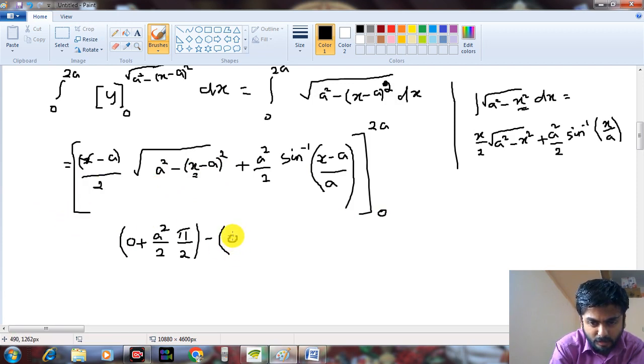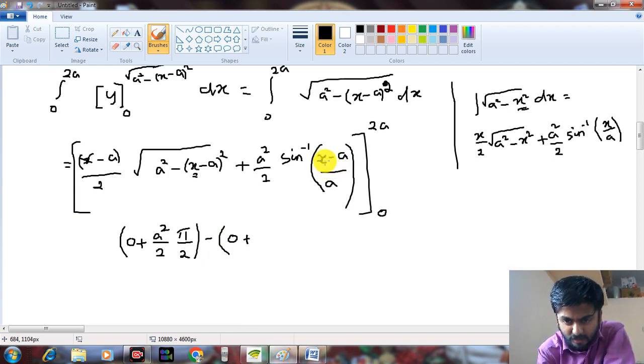The first term is 0, plus a square by 2 sine inverse of minus a by a, so that minus will come outside, and it will become minus of a square divided by 2 into pi divided by 2.